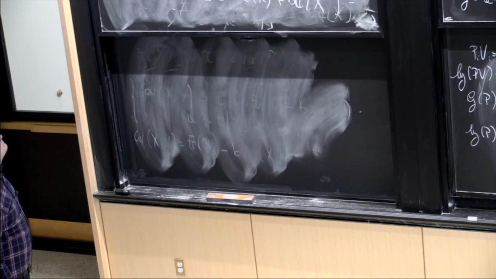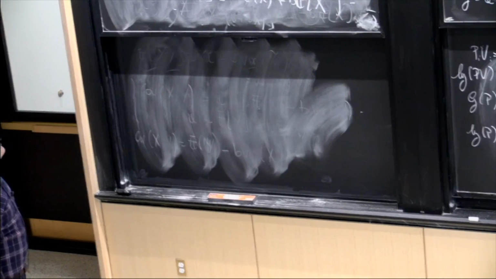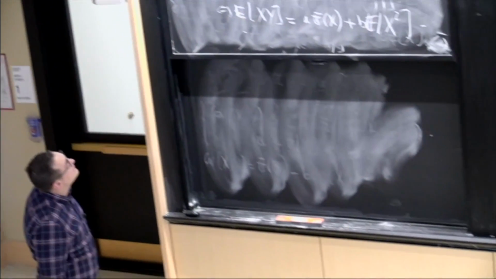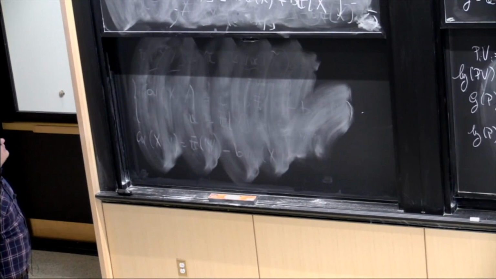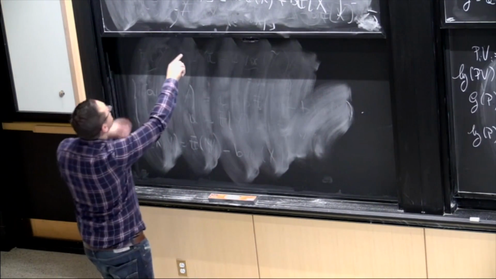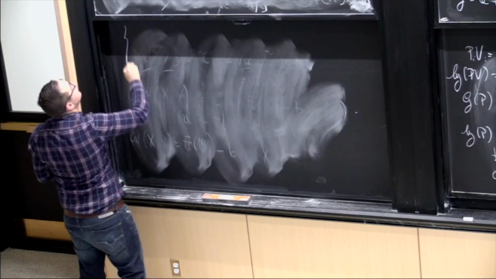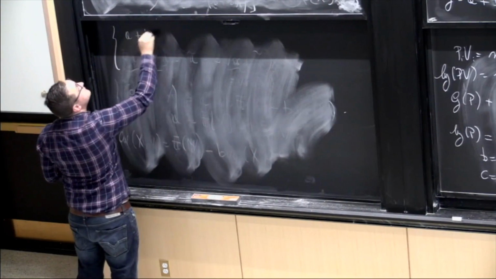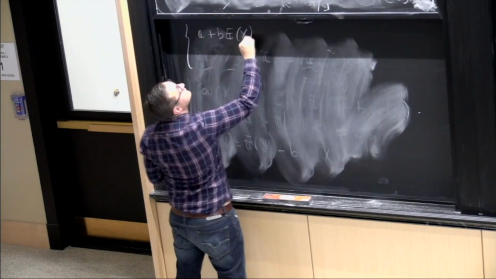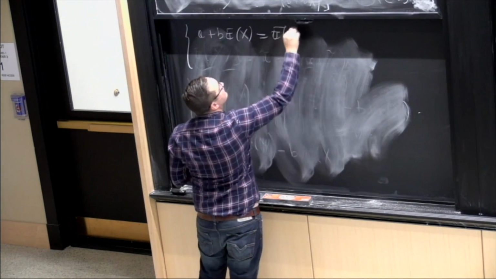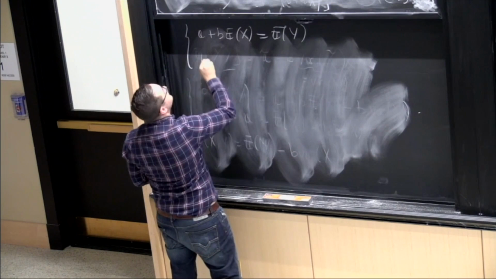All right, so the first one is actually not giving me much, so I need to work with the two of those. So let me rewrite those two equations that I have. I have a plus b e of x is equal to e of y. And then I have e of xy.